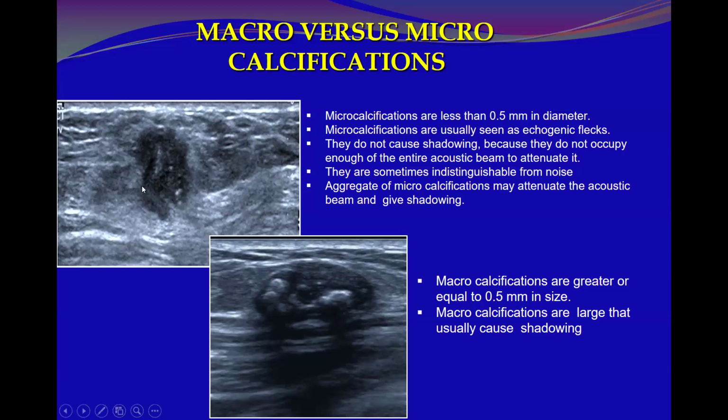As in this example, these small bright flecks represent microcalcification. But the larger calcifications, equal to or greater than 0.5 millimeter in size, we call macrocalcifications because they are large enough to occupy the entire acoustic beam and usually cause posterior shadowing.